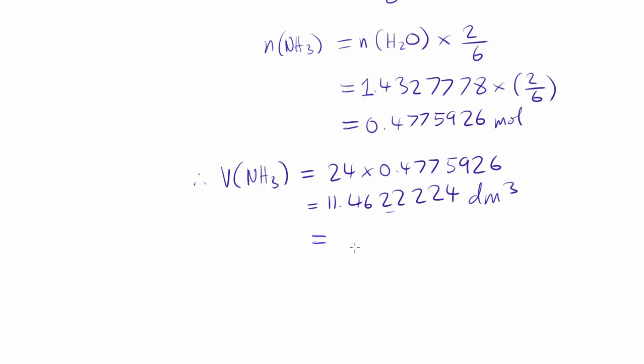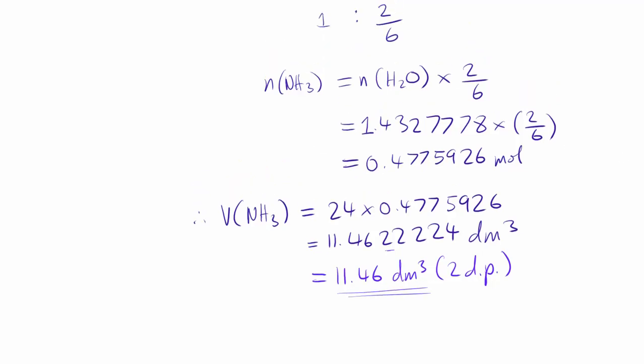So equals 11.46 decimeters cubed to 2 decimal places, okay? And yeah, so that's going to be our answer in this case for the volume of NH3, right?